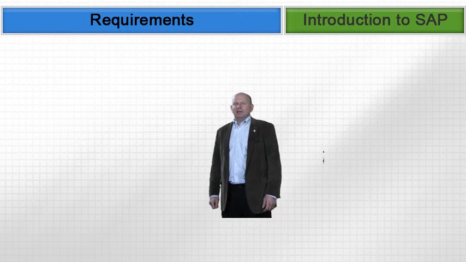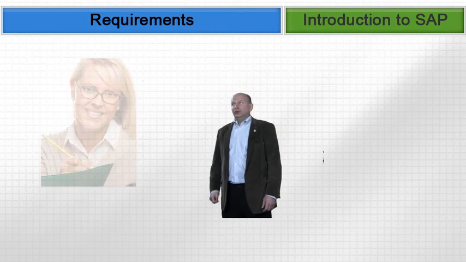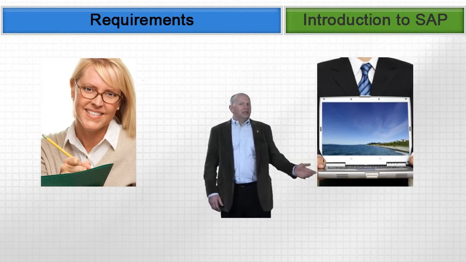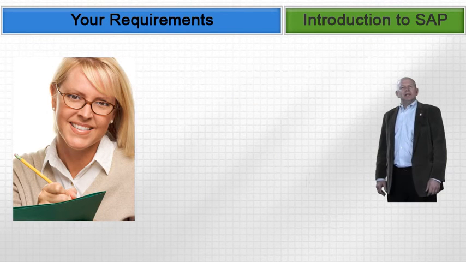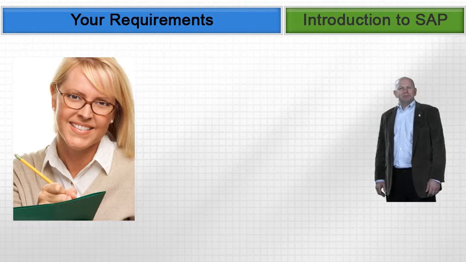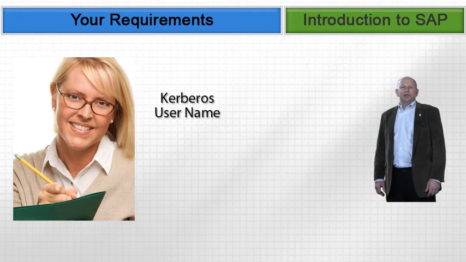Like many other software applications, before you can access or use SAP, you and your computer must meet certain criteria. Here are the things you need to have in place before you can use SAP. First of all, you will need a Kerberos username.